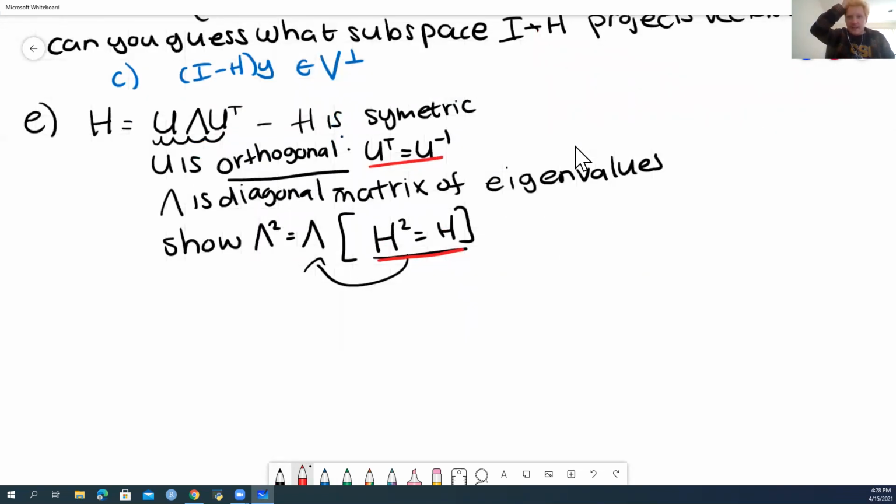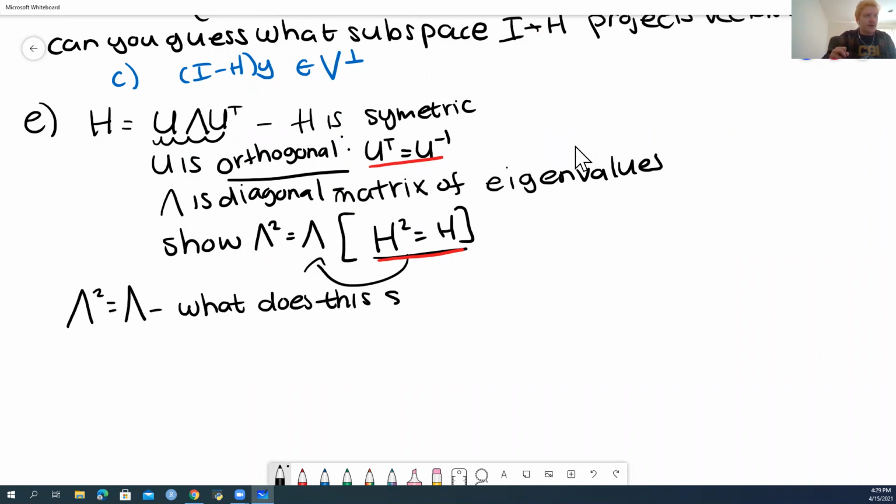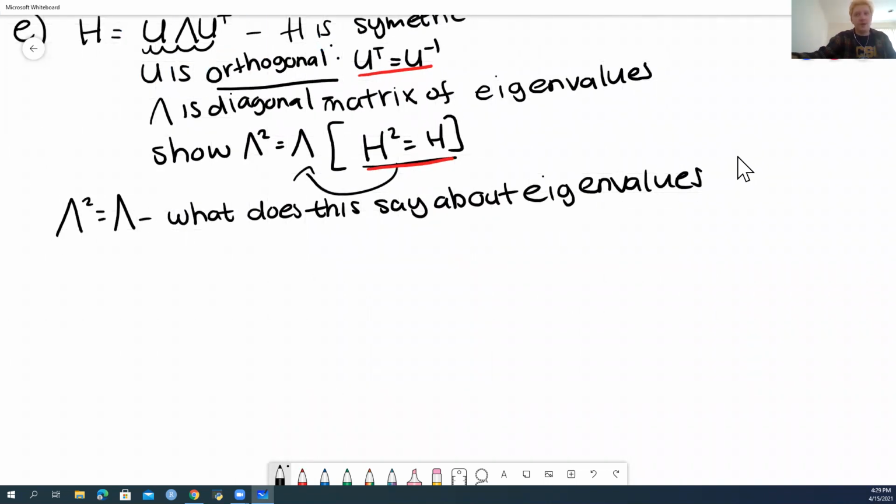And then it says, what does this tell you about the eigenvalues? So if lambda squared is equal to lambda, what does it say about the eigenvalues? I'm not going to exactly say, but in case you've forgotten, I don't know how much matrix calculus y'all have been doing recently. I know when I came here and I had to do matrix algebra, I did terrible. But then I got through it.